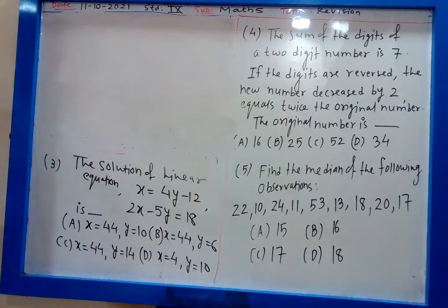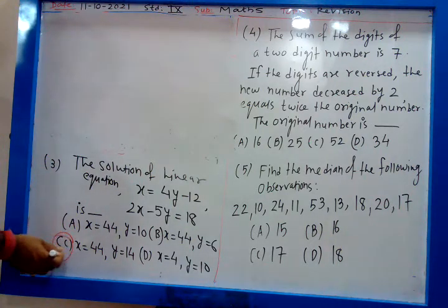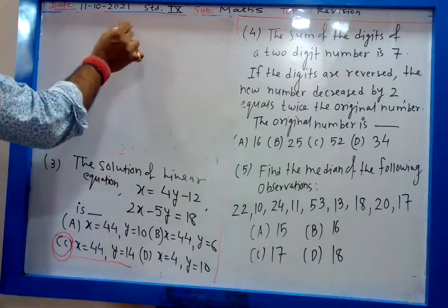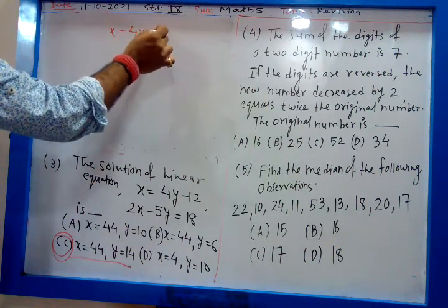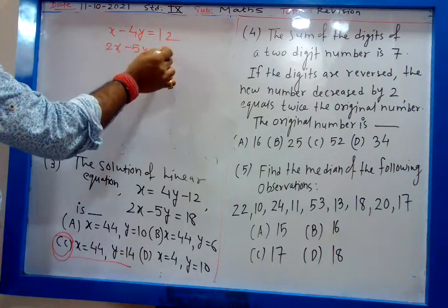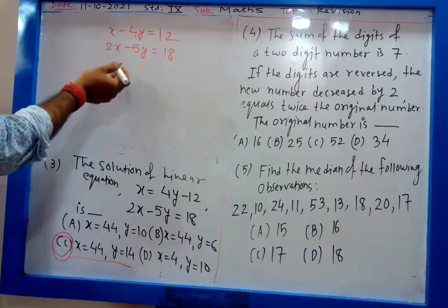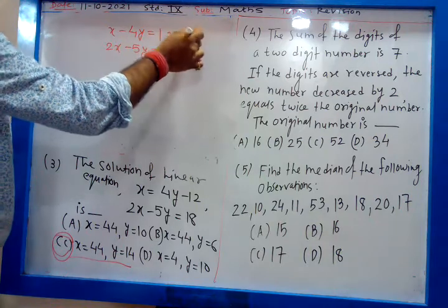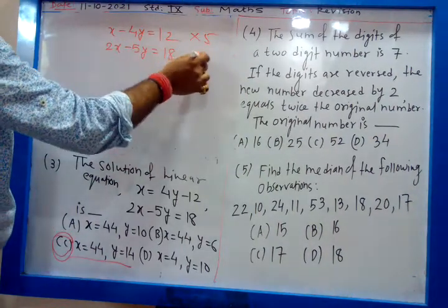Chalo. C means x is 44 and y is 14. So any method you can solve. X minus 4y is 12 and 2x minus 5y is 18. Equating coefficient method: multiply this equation by 5 and this equation by 4.